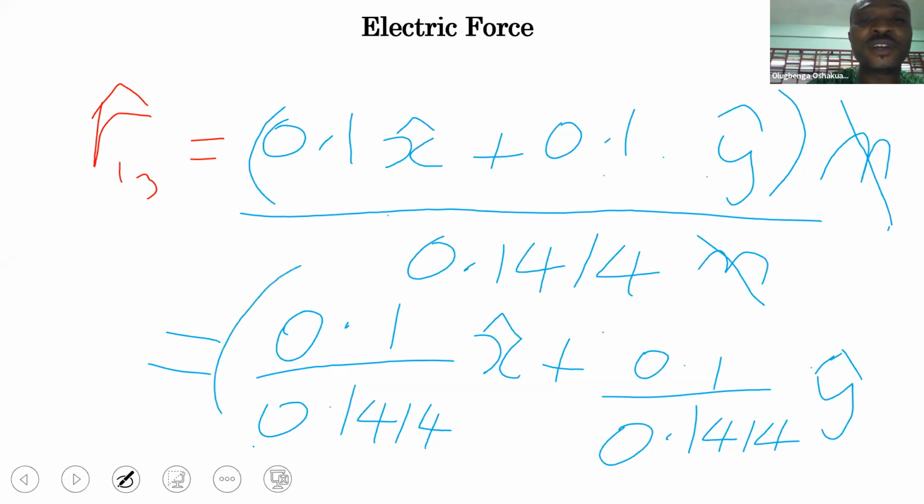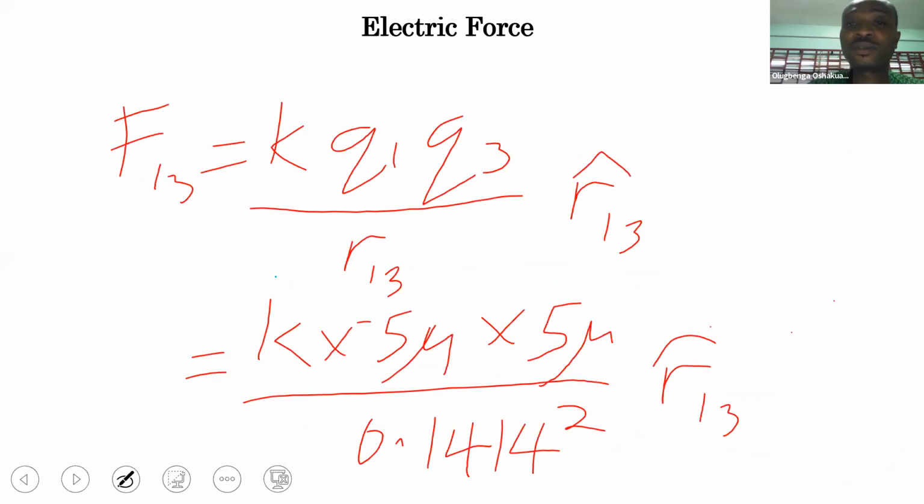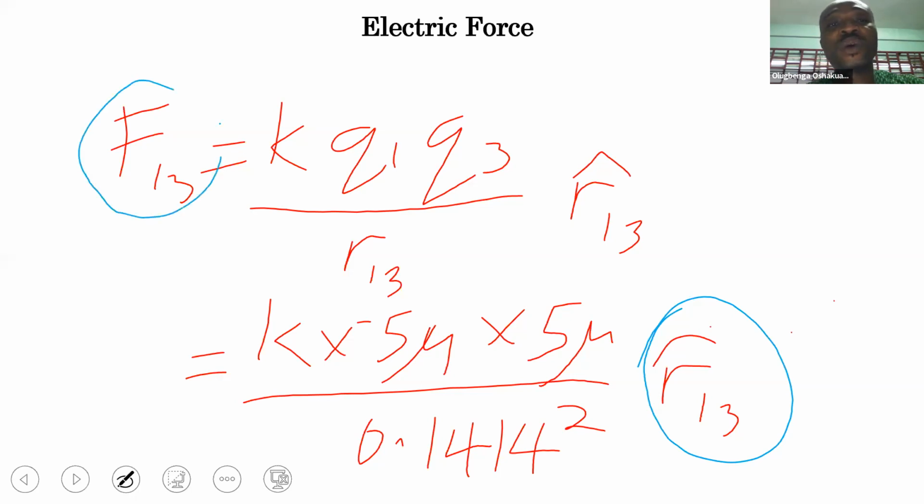So everything I have here, even if I don't bother to simplify, I can use to replace this R13, and I will be describing the magnitude and direction of the force of Q1 on Q3, which is F13.